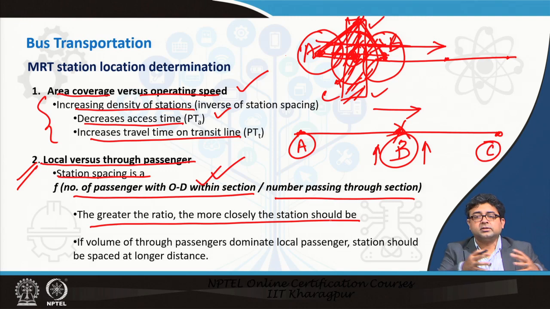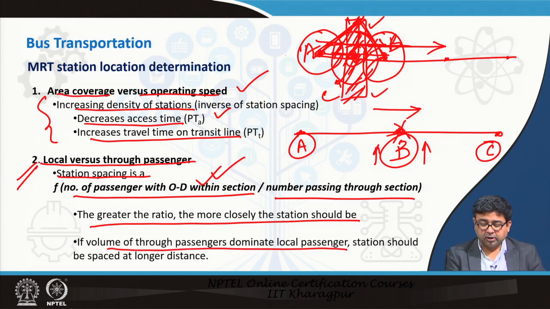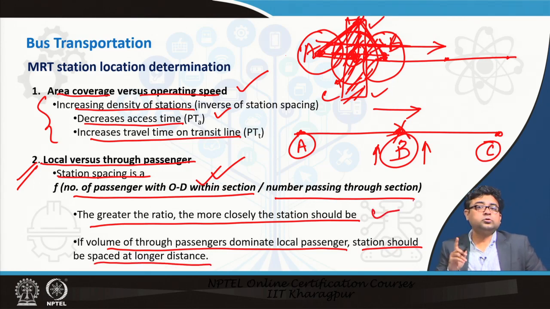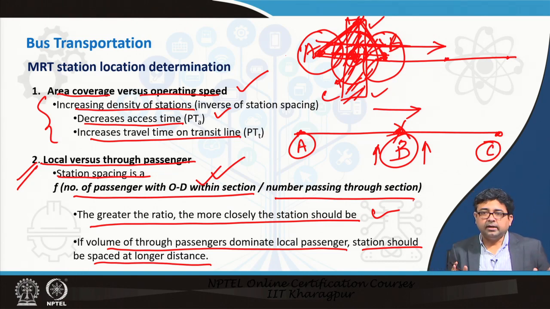So, you will see that the spacing is different, right. If the volume of through passengers dominates the local passengers, stations should be spaced at a longer distance, which is just the reverse of this. So, these two trade-offs are kept in mind when you are developing the station spacings using this method.